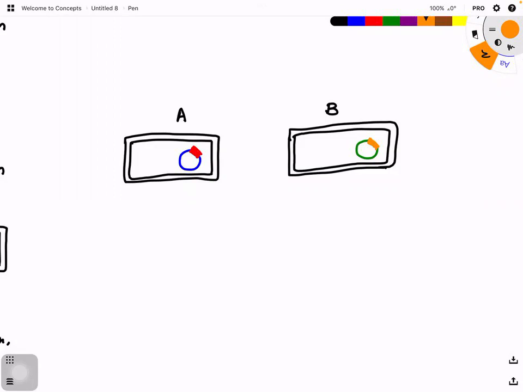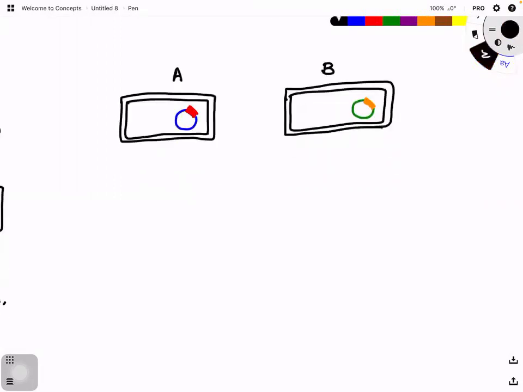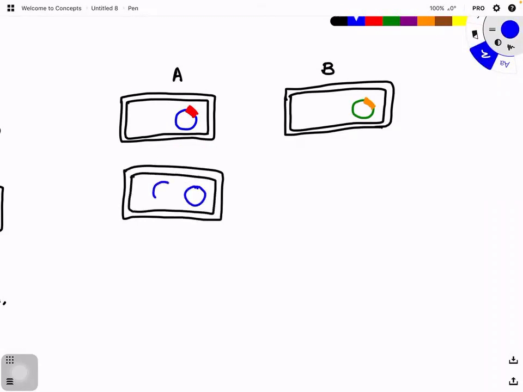So what will happen here is they also carry out DNA replication. Both of them carry out DNA replication, so they replicate the plasmid.